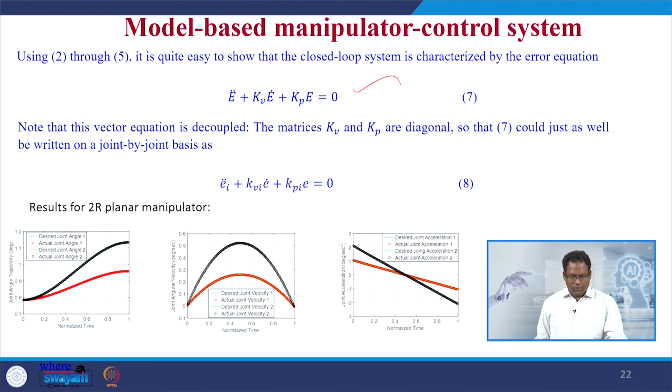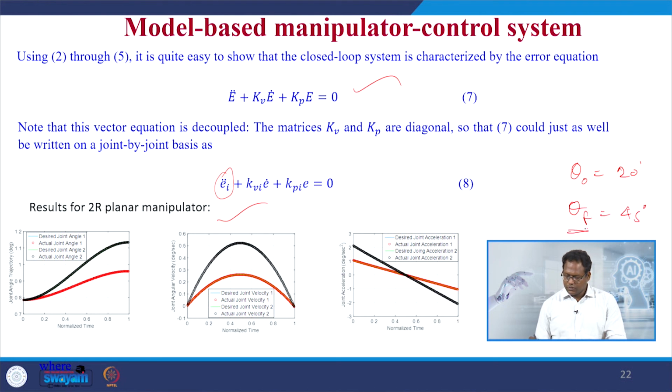So, if we go by joint basis, we have the error equation coming out to be ei double dot plus kvi ei dot plus kpi ei equal to 0. When we simulate for a given theta d, theta d dot and theta d double dot, we can obtain these values, to give as input, from interpolation. That means take theta naught equal to say 20 degree and theta final being say 45 degree.